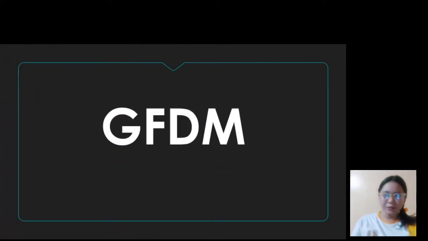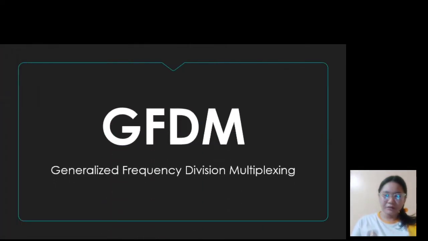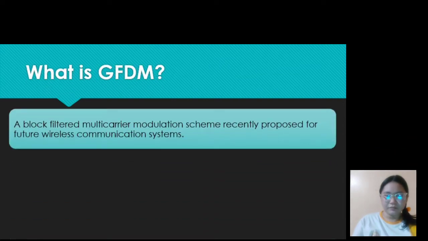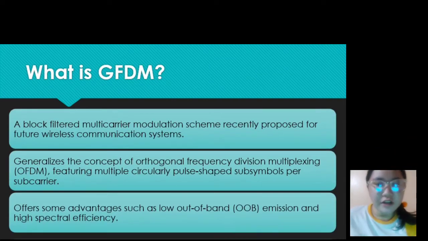Today I will be reporting about GFDM, also known as Generalized Frequency Division Multiplexing. So what is GFDM? Generalized Frequency Division Multiplexing, or GFDM, is a block-filtered multi-carrier modulation scheme recently proposed for future wireless communication systems.